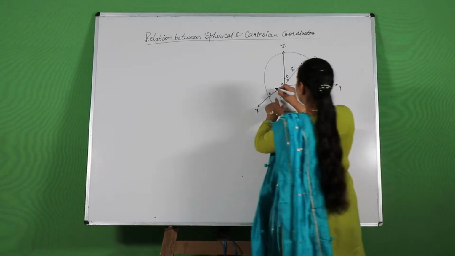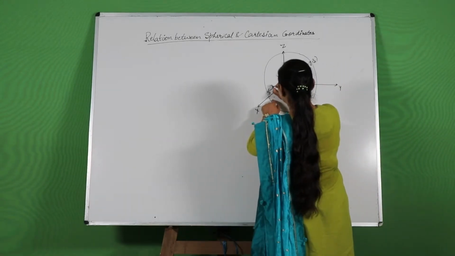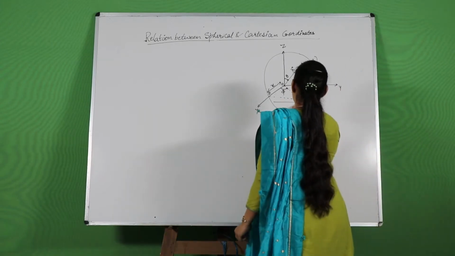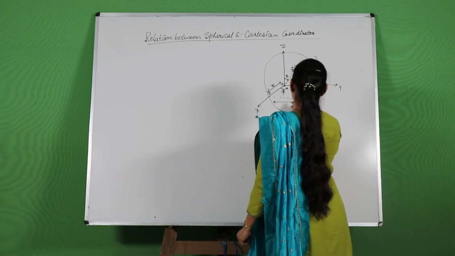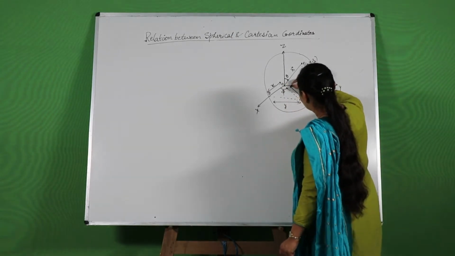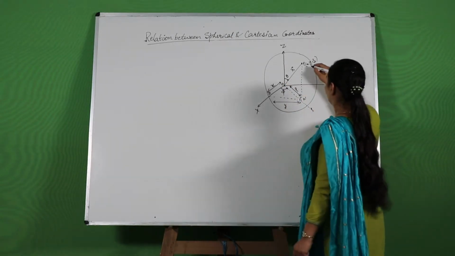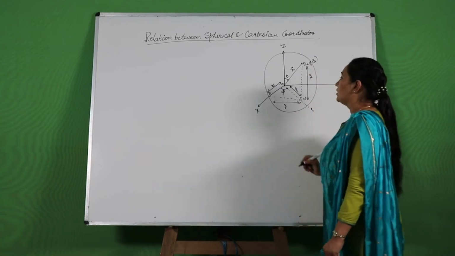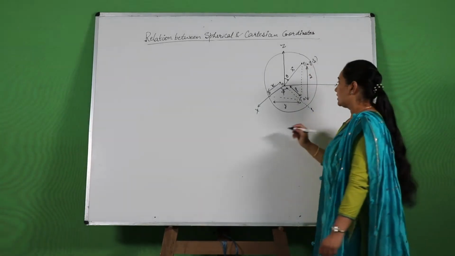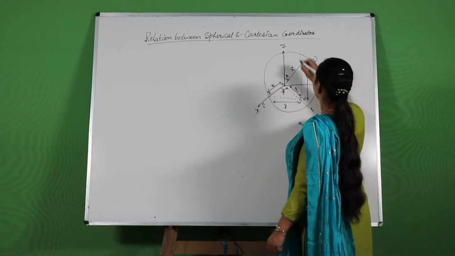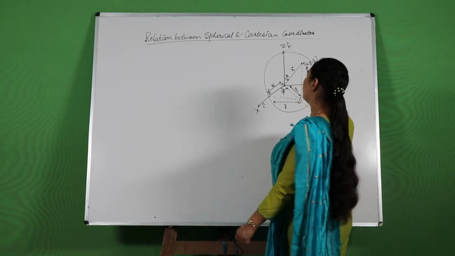Now this distance is my x distance, this distance is rho, this is y, this is your rho, this is your z. Of course, the unit vectors along these will be i cap, j cap and k cap.